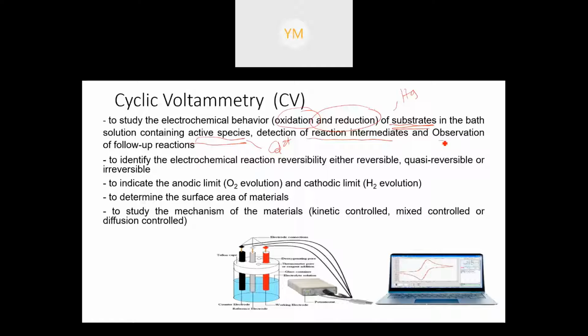Okay, so then you also can observe the follow-up reaction. I'm going to talk about this in more detail at the end of this part. Cyclic voltammetry is used to identify the electrochemical reaction reversibility, whether the process is reversible, quasi-reversible, or irreversible. Quasi means it looks like reversible, but the characteristic of the voltammogram is not reversible.